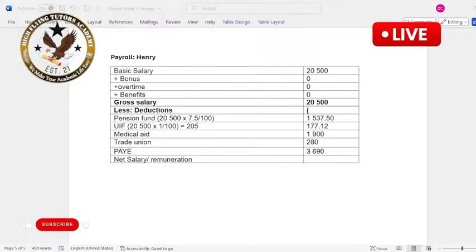So deductions, you're saying, is 7,584.62, and then from there let's calculate our net remuneration or salary.